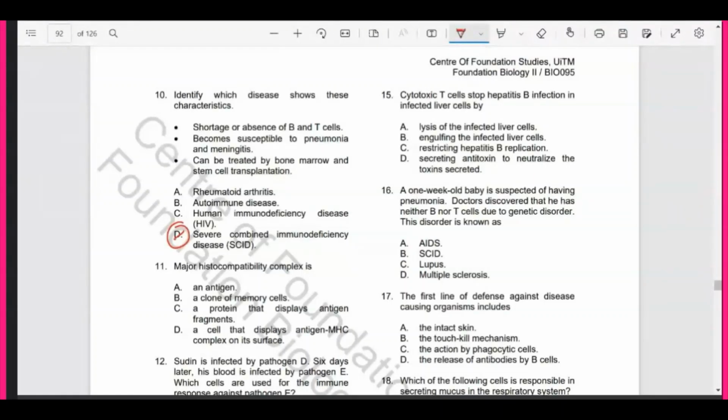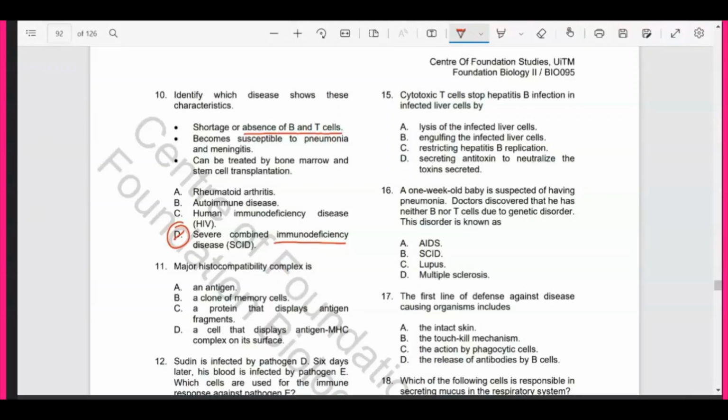SCID ni is an inborn immunodeficiency that is categorized in immunodeficiency disease. Kenapa penyakit ni dia guna istilah immunodeficiency? Daripada characteristics dia kan, absence or shortage of B and T cell. That's why immunodeficiency.